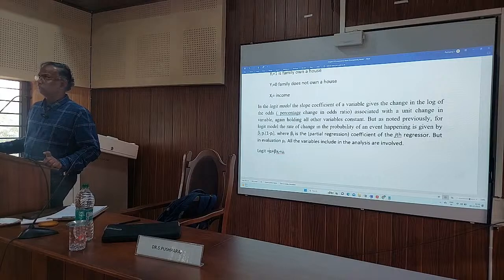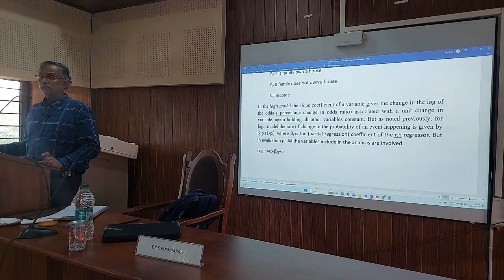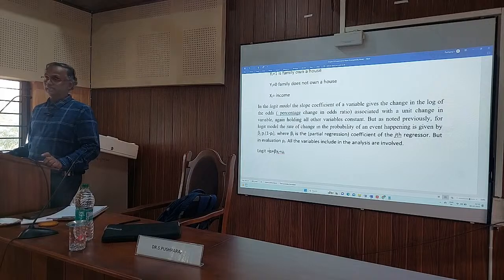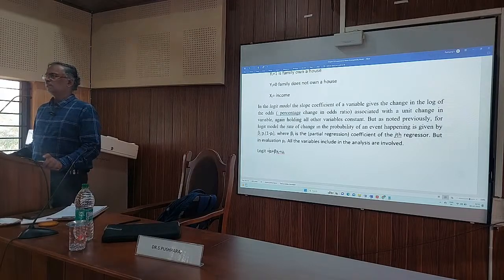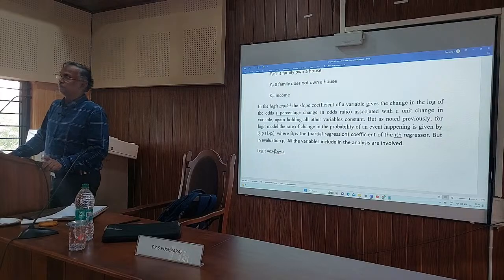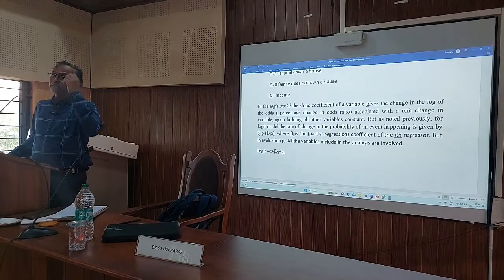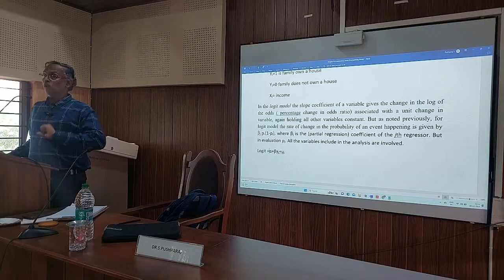So beta is nothing but a measure of probability of success when there is a unit change in x. This is how the odds ratio will be interpreted. The beta will be interpreted in the logit model, the only thing is that beta is log of odds.